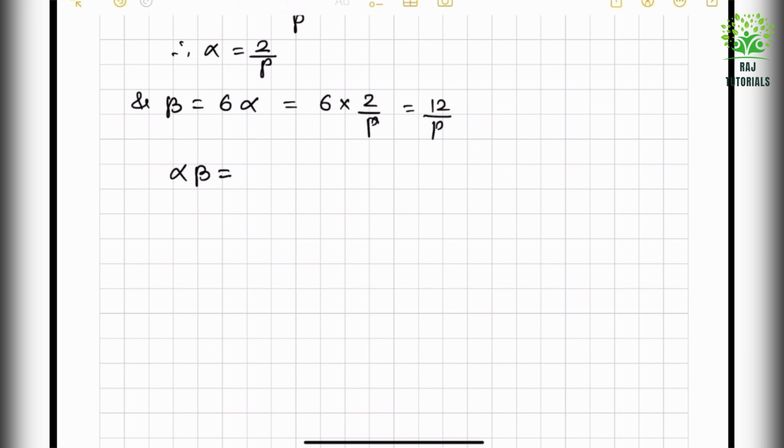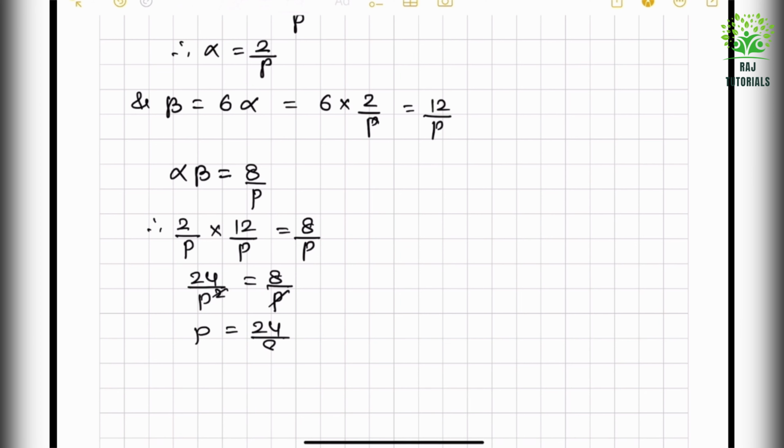Now alpha beta equal to 8 upon p. So therefore 2 upon p into 12 by p equal to 8 by p. So 24 upon p square equal to 8 by p. So if I cancel one p, I will have p equal to 24 by 8. So p equal to 3.